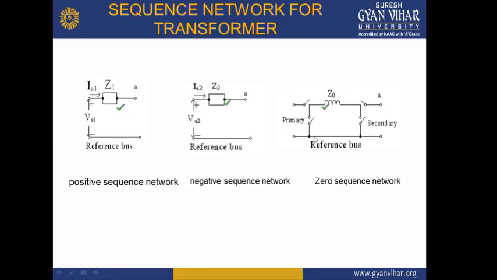The positive and negative sequence networks for the transformers look quite similar to those of the transmission lines, but the zero sequence network is completely changed. It depends on the configuration of the transformer. That means whether the transformers are connected in star connection, delta connection, or what, at the primary and secondary sides. Star grounded or star ungrounded, all such things.